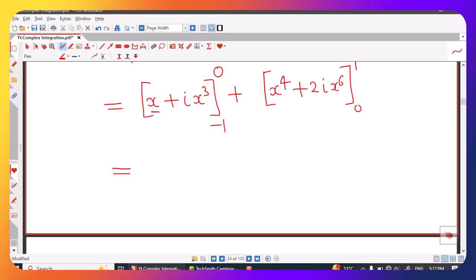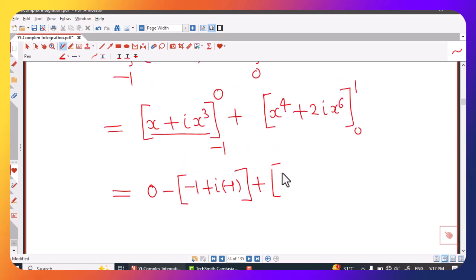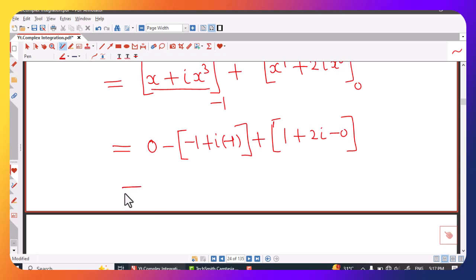First we put x equal to 0 and we will have 0, minus we put x equal to -1. So here I have 1 plus i, cube of -1, that is -1, plus here we put x equal to 1 first, so that will give us 1 plus 2i, and for x equal to 0 we have 0. And we simplify this.